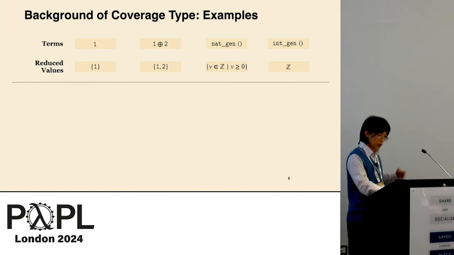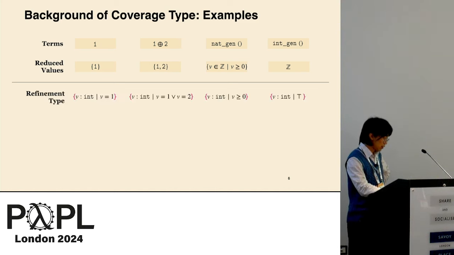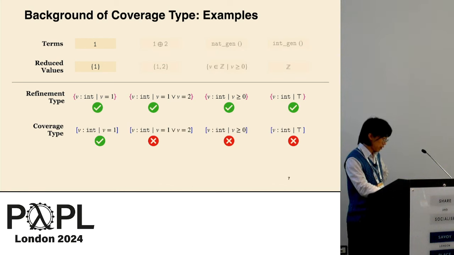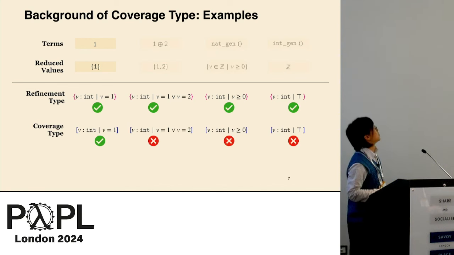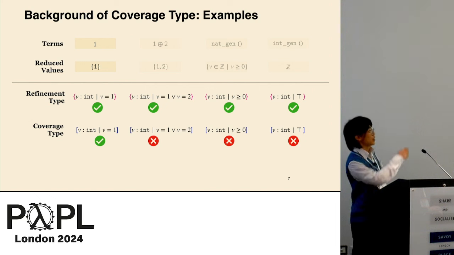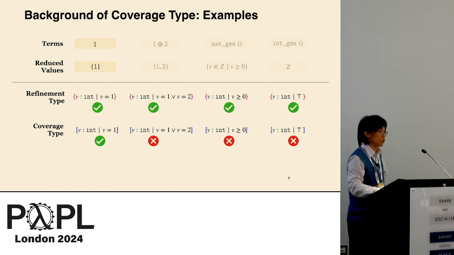So I will give you several examples of the coverage types and refinement types. Here are four refinement types and four coverage types. If we focus on the first term, the constant 1, then it can have all possible refinement types. Additionally, we'll have the coverage type v equal to 1, because the term 1 can reduce to a single value 1 that covers v equal to 1.